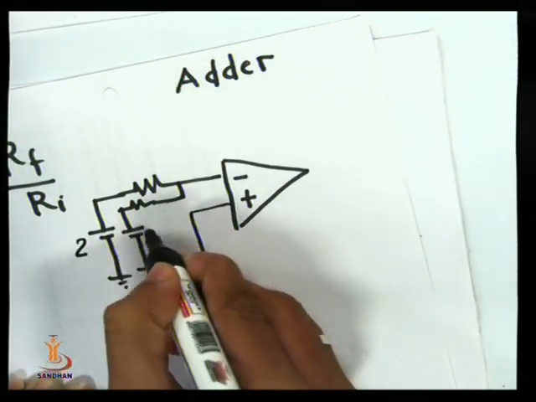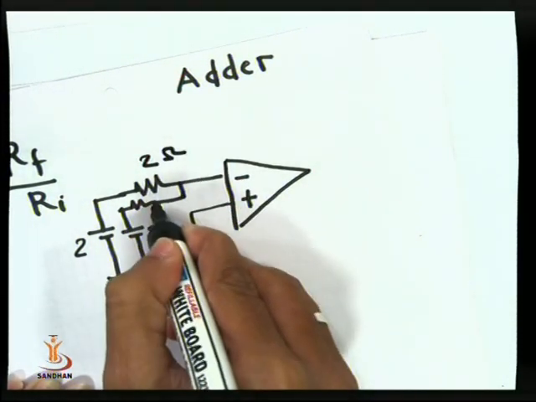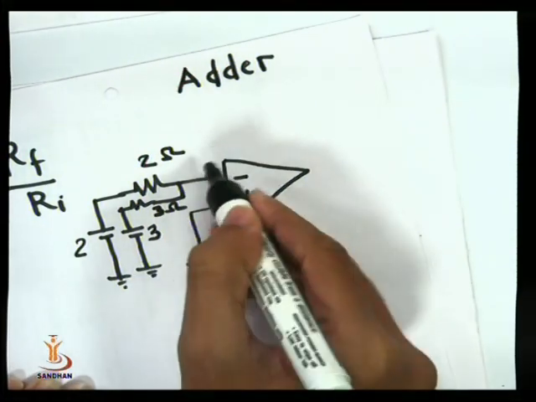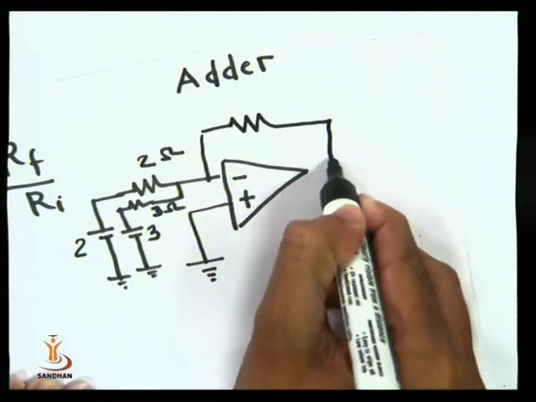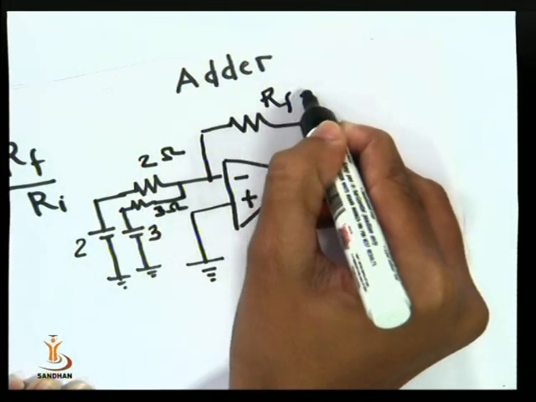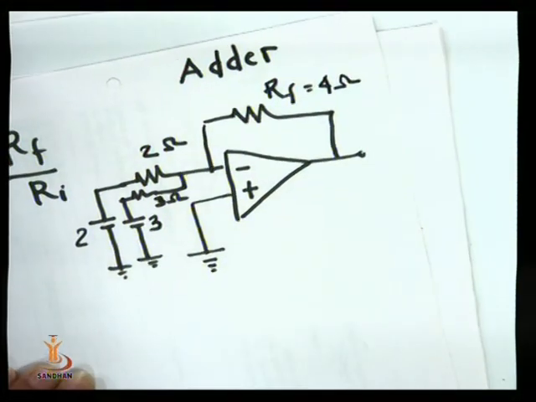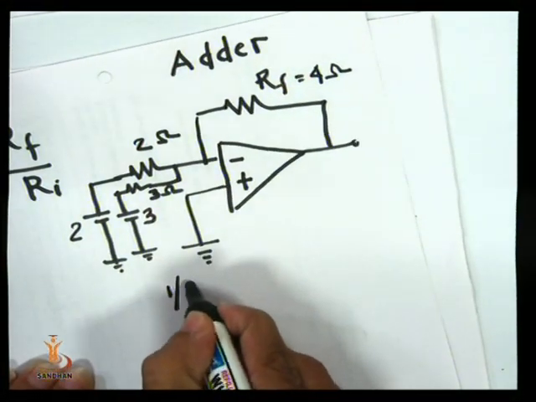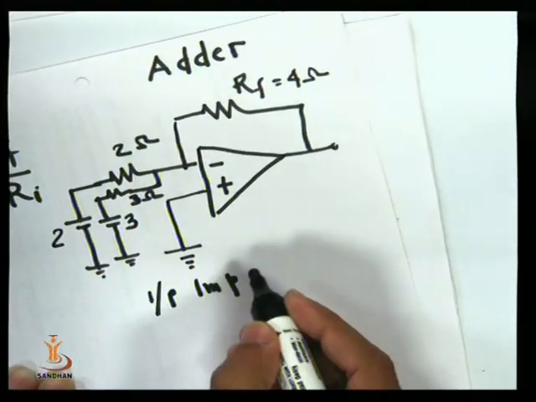Suppose this is 2 volt and this is 3 volt, with resistors of 2 ohms and 3 ohms, and I am connecting the feedback resistor like this, RF. Let me take its value as 4 ohms. Now the input impedance of a given op amp is very high.